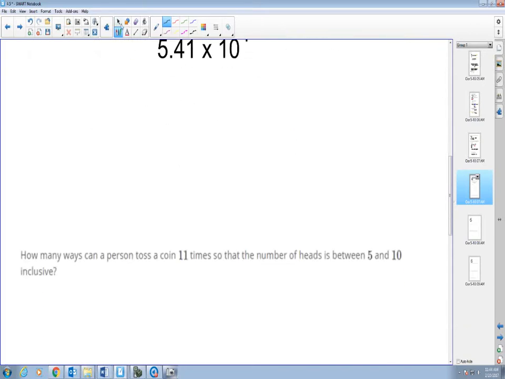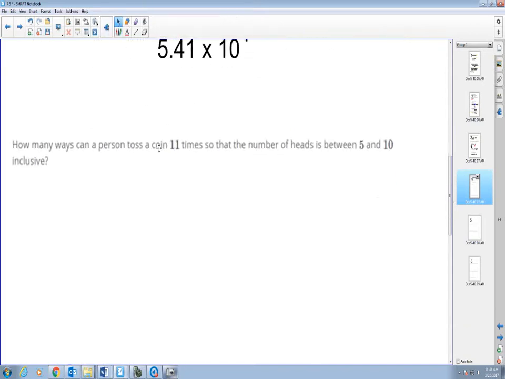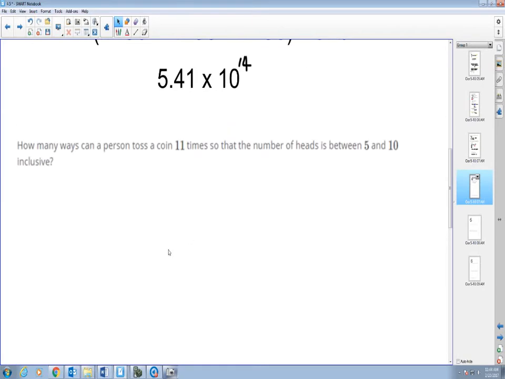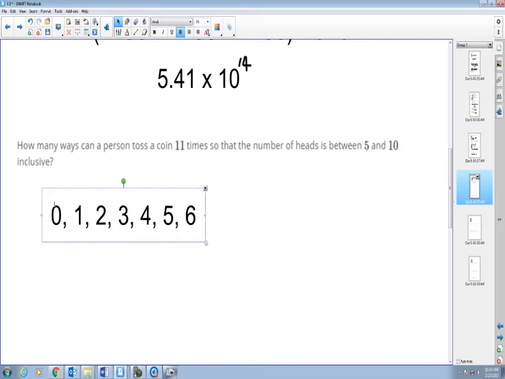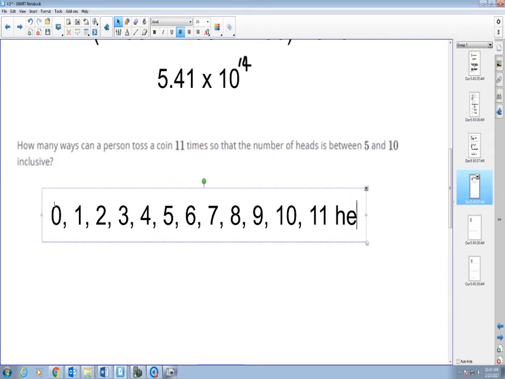Alright, so let's toss some coins again, and this time this is a little bit bigger coin tossing problem. Toss a coin 11 times, so the number of heads is between 5 and 10. Check it out. We want heads, so what we can have is 0, 1, 2, 3, 4, 5, 6, 7, 8, 9, 10, all the way up to 11 heads.